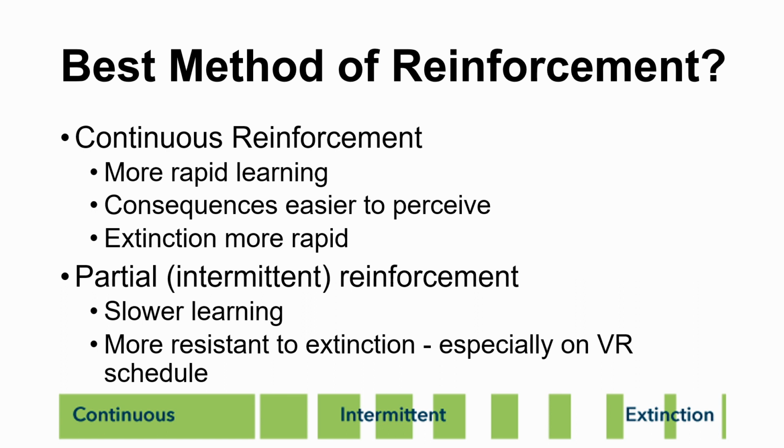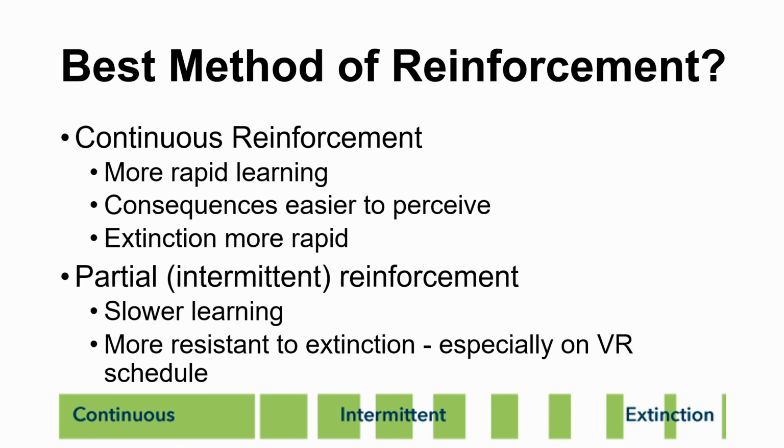So continuous reinforcement, being reinforced every single time, is really beneficial if you're looking for rapid learning, because you're getting that pairing of the response and the outcome every single time. So we see really quick learning, a really quick association being formed, but it also comes with some downsides.